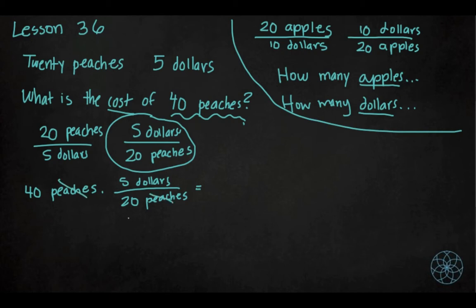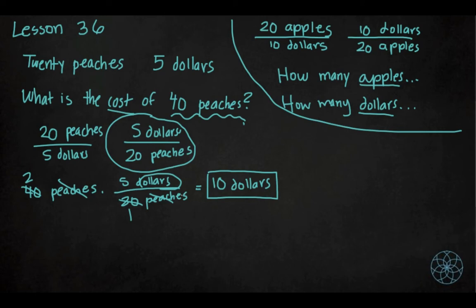If peaches on the top and bottom, let's also simplify a little bit so this is easy. 40 divided by 20 is 2. 20 divided by 20 is 1. So we have 2 times 5 is 10. $10. And in our denominator, all we have is a 1, so I will just ignore that. So there's our answer. What is the cost of 40 peaches? The answer is $10.